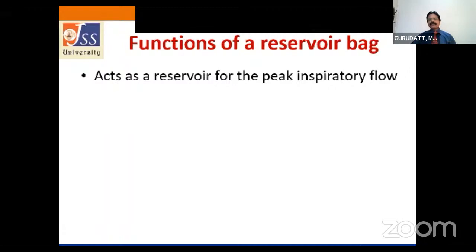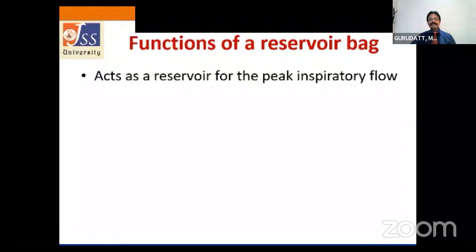That means the flow rate has to be a minimum of 30 liters. But what flow rate do we fix on our flow meters? Usually a maximum of 4 to 6 liters. So that's how the reservoir bag always provides whatever extra flow the patient requires, from the gas that gets accumulated during expiration.